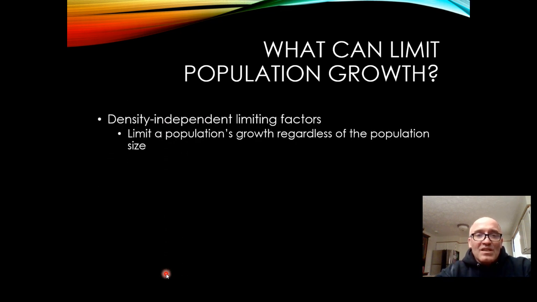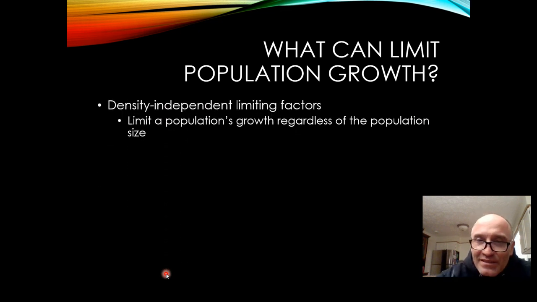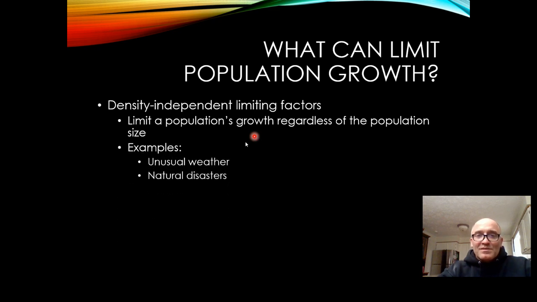And then we have what's called density independent. These things aren't going to have anything to do with the density of the population. They're going to happen regardless of the population density. And these would be things like crazy weather events and natural disasters.